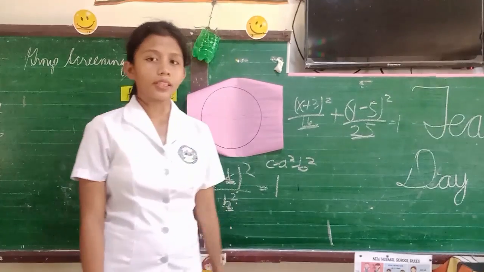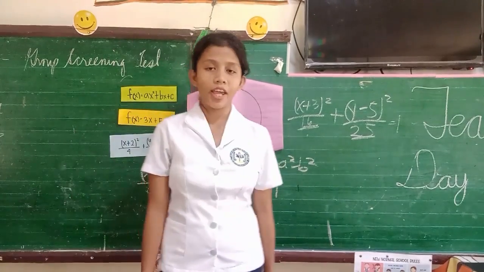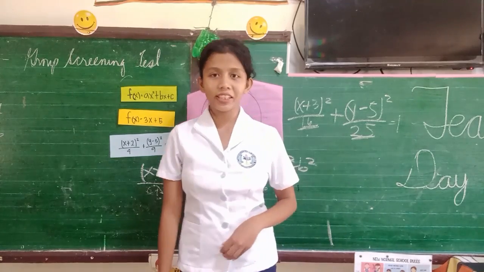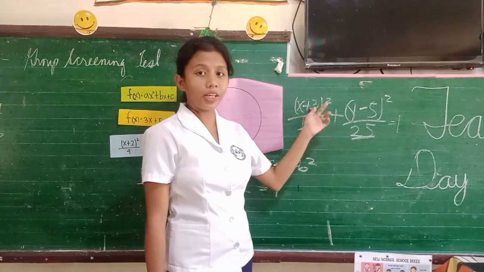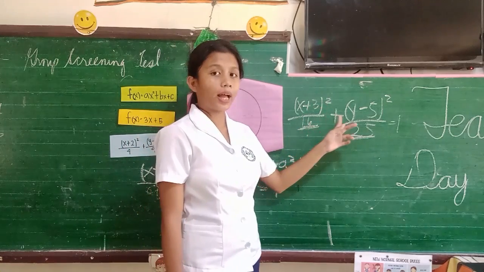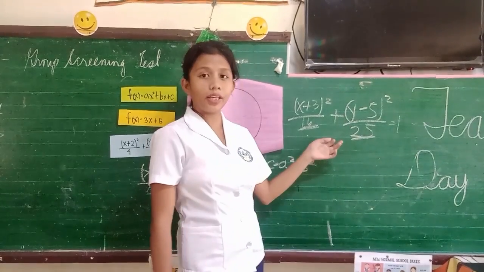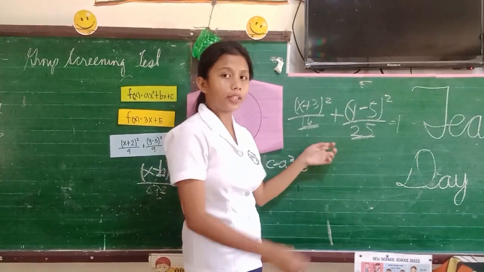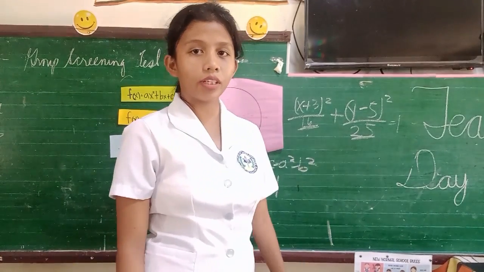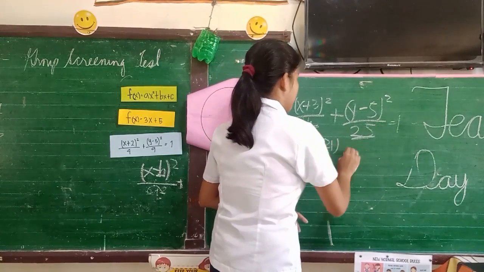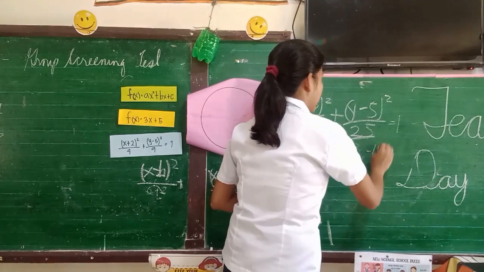Yes! Negative 3 and 5 plus or minus 5 are the vertices, or it can be negative 3 and 10, and negative 3 and 0.